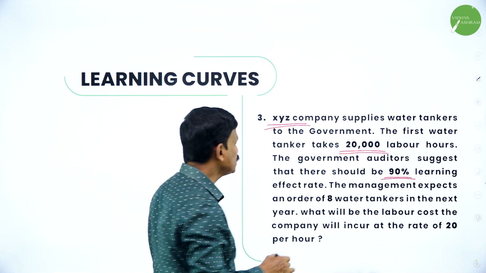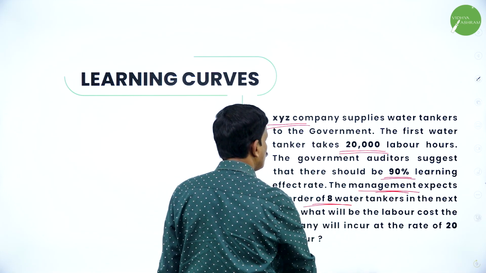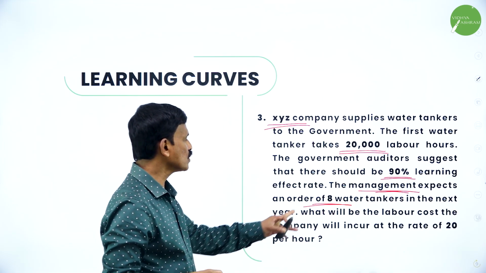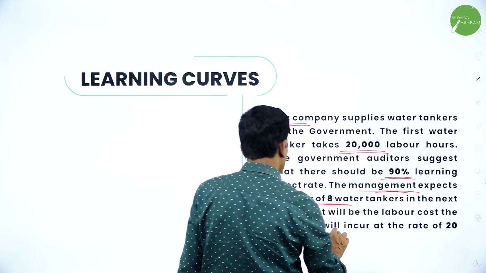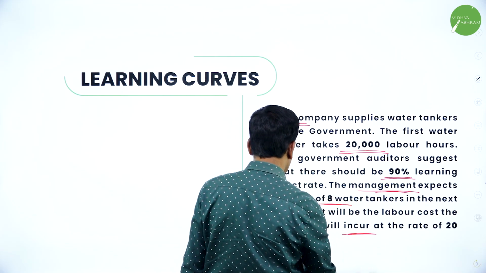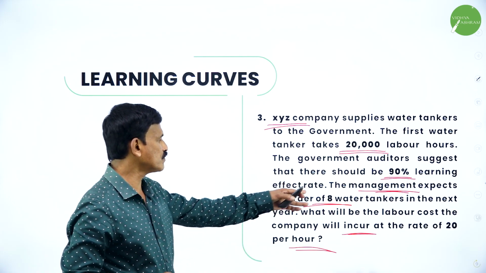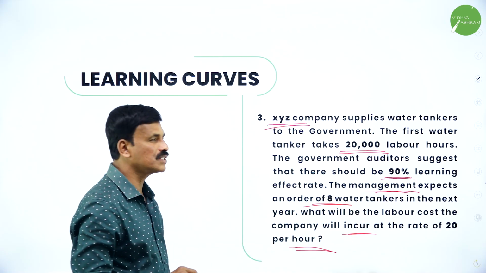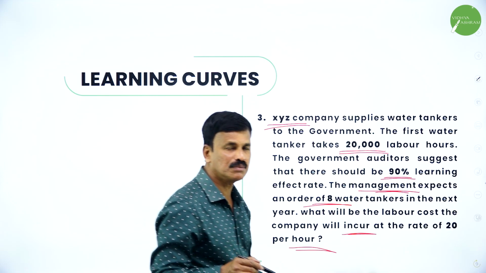The management expects an order of 8 water tankers in the next year. The labor cost for 8 water tankers at the rate of 20 per hour is to be determined. Now just draw a table as usual.